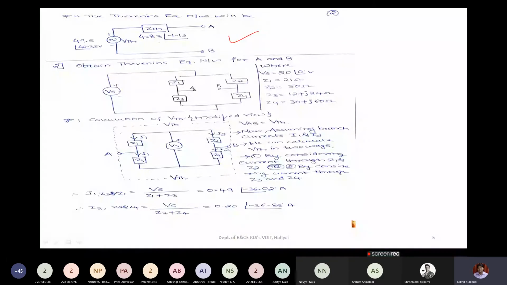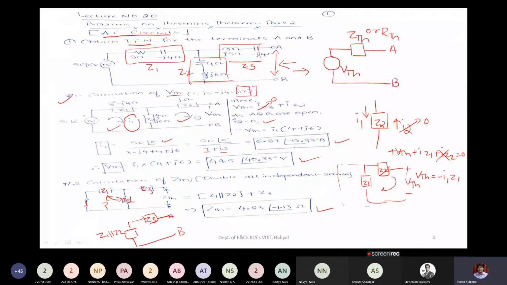But before you put these values, just cross verify your calculations. Do not make any hurry in the examination, whether it is internal or external. So you need to practice.